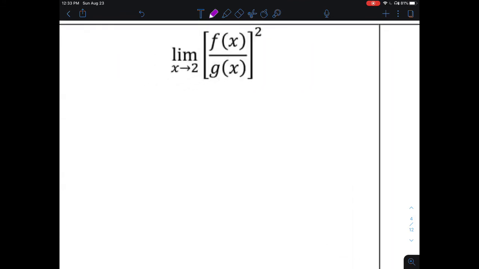So I have a quotient of f and g that is being squared. The first property I could use is that if I have a power applied to all my functions inside of my limit, I could evaluate the limit of the inside and then apply my exponent. So pull the exponent out.